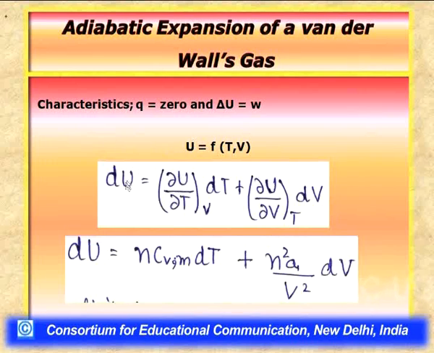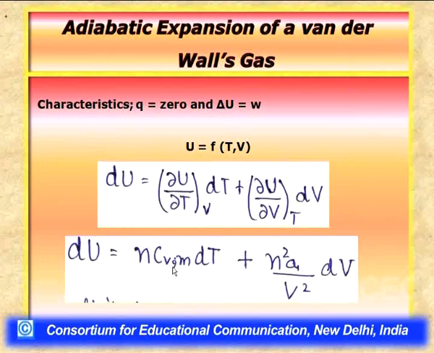Now, if we want to quantify delta U, let us consider again U as a function of temperature and volume, and differentiate it to determine the infinitesimal change in U. We have already seen that (dU/dT) at constant V is nothing but n CVm, the molar heat capacity under constant volume condition; when you write it, you need to multiply with n, the number of moles.